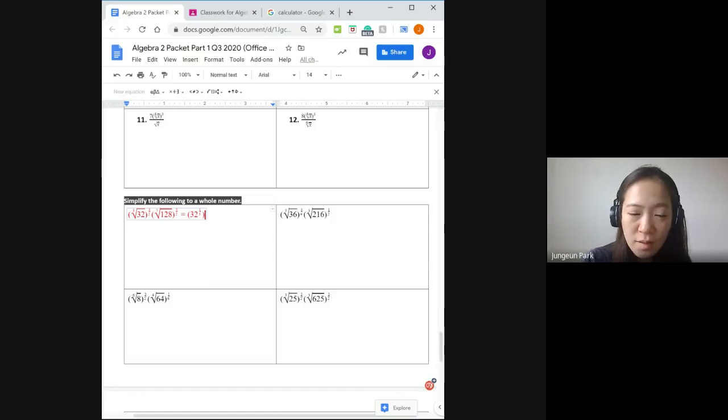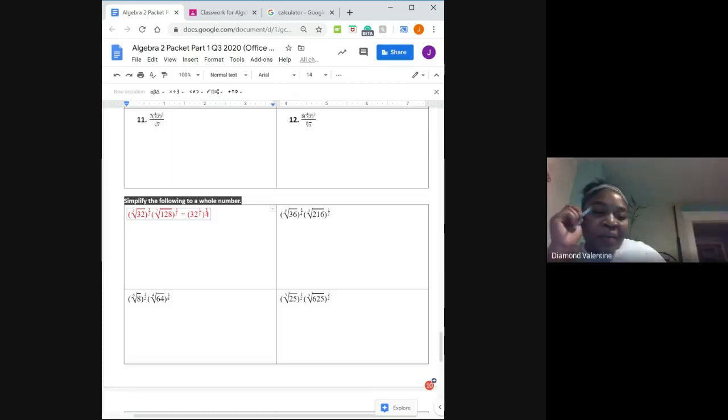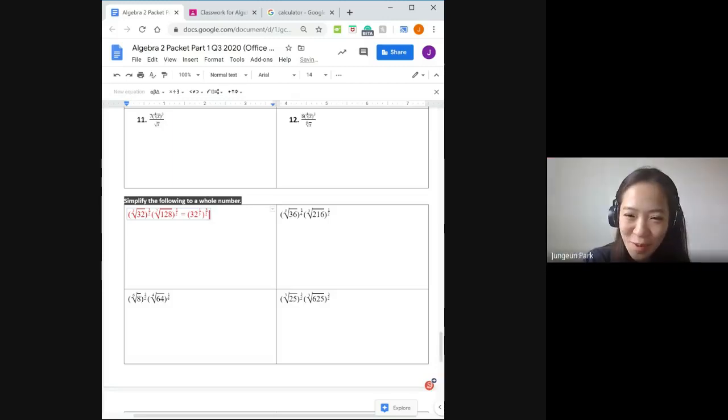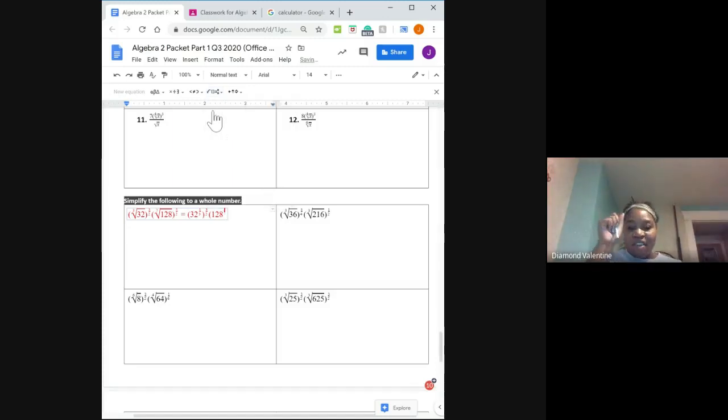And you had 3 over 2 outside. So what do we do? Now, this part, you will multiply. Yes, you will multiply. Very good. And what about the second one? 128 to the what power should I put there? 1/7.